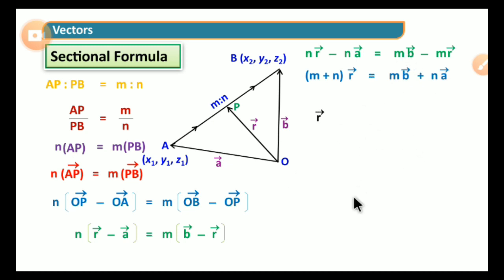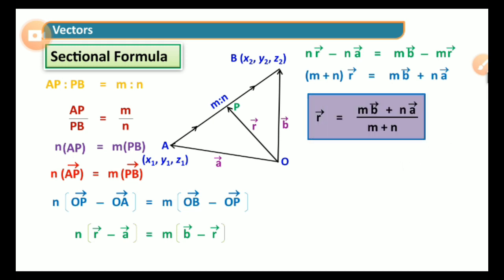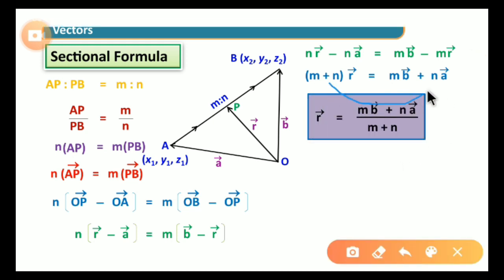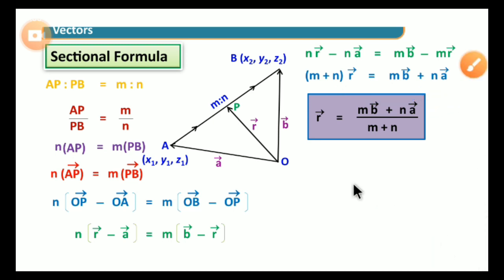So r vector is equal to m into b vector plus n into a vector divided by m plus n, because we take this m plus n to the denominator of the RHS part. So we have proved this internal division section formula. That is, r vector is equal to m into b vector plus n into a vector divided by m plus n. Please remember this, students. We will use this formula in the examples.